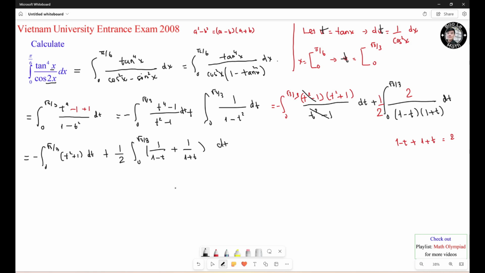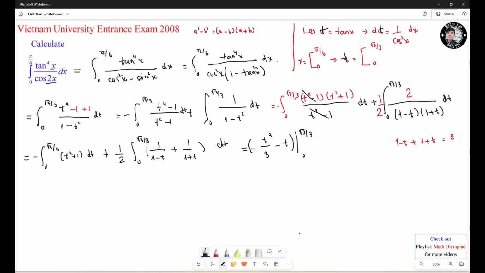Okay. Right, so now this guy turns out to be negative t cubed over 3 minus t, right, all together evaluated from 0 to root 3 over 3.